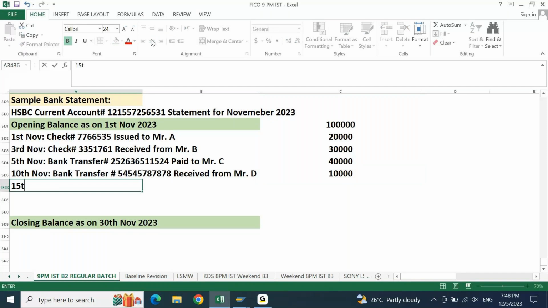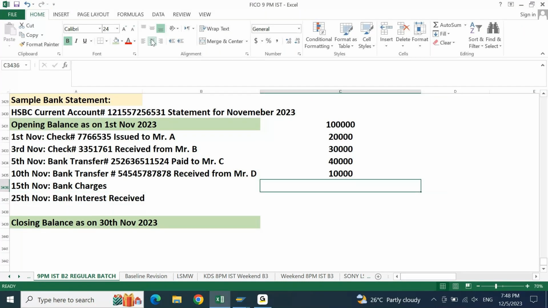Now on 15th November I will say bank charges, and on 25th November I'll say bank interest received, and this one I'll say some 2,000. Here I will say some 4,000. Now this I'll leave it blank.